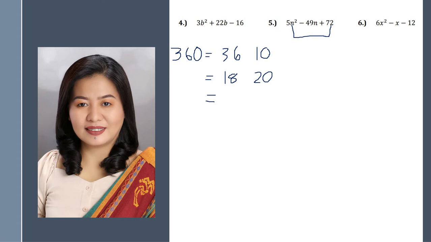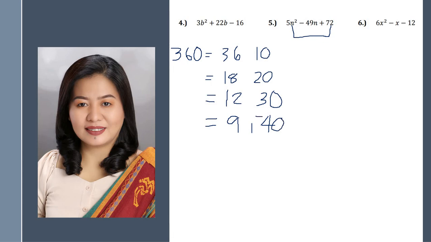Let's see, 36. Ooh, 12. 12 and 20? No, 12 and 30. 12 and 30. That is 42. Can it be smaller? 12, 3 and 9. 9 and 40. 9 times 40 is 360. 9 plus 40 is 49.